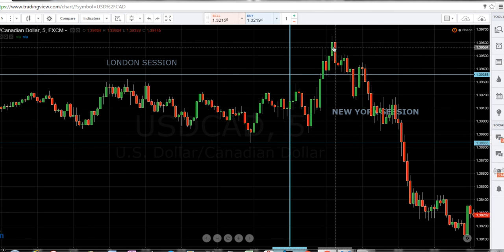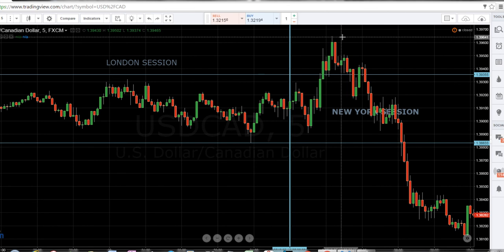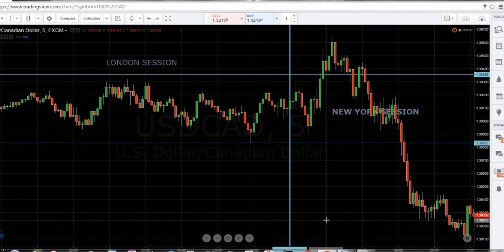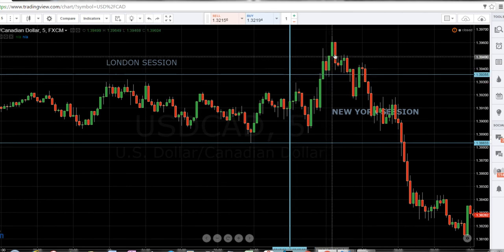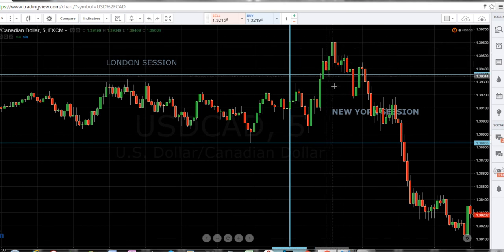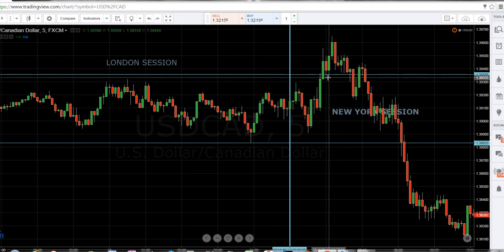Now, this is about 20 points up to 30 points, somewhere around there, give or take, like 25 points, the most that you could have gotten. I personally took almost 8 points, somewhere around there. I like to scalp. My whole idea is to try to make anywhere from 8 to 15 points on any given day.